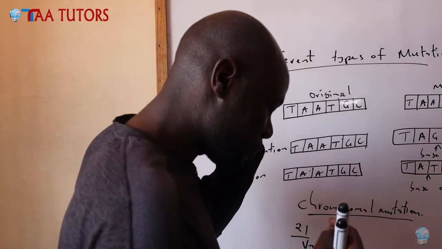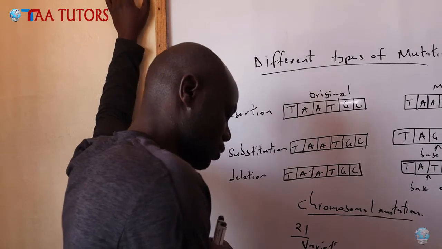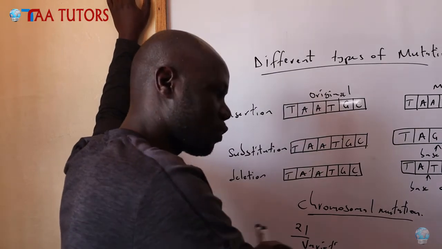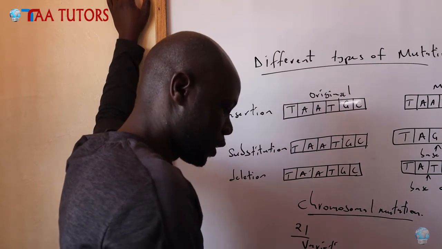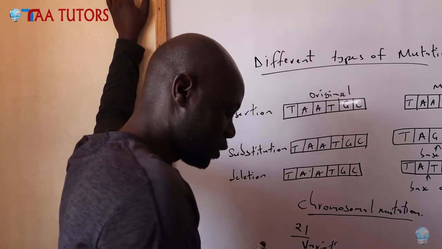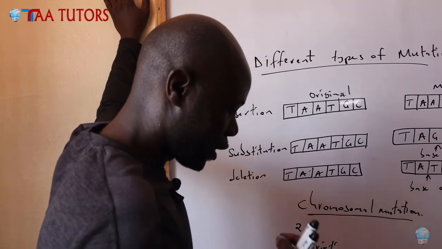But in some cases, if the mutation happens during the cell division that we have been talking about, various problems can occur. We are talking about Down syndrome, which can occur when a specific chromosome is affected. The organism will have a problem.